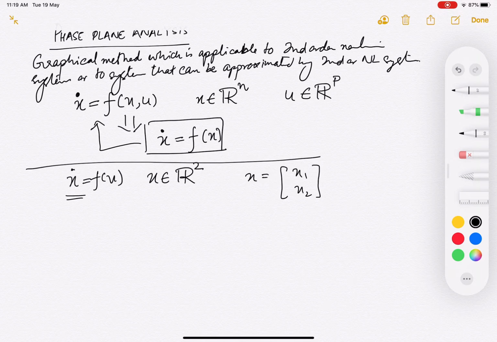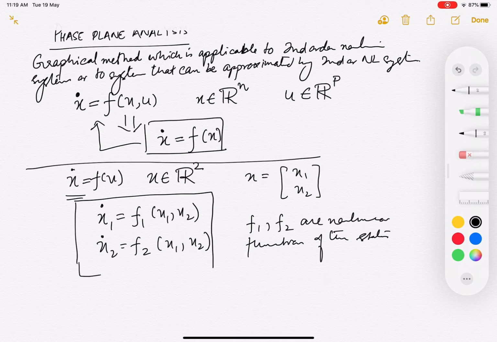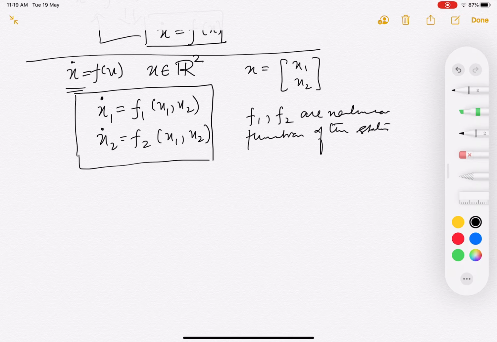If you open this equation, it's going to look something like this: x1 dot is equal to f1(x1, x2), and x2 dot is equal to f2(x1, x2), and f1 and f2 are nonlinear functions of the states. So this is the typical second order nonlinear system that we'll be looking at while we are doing phase plane analysis.